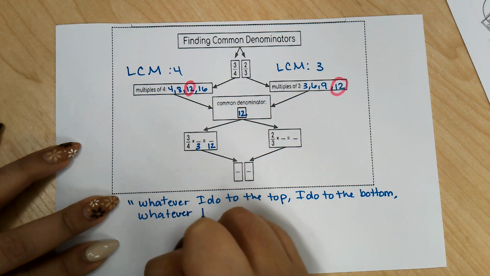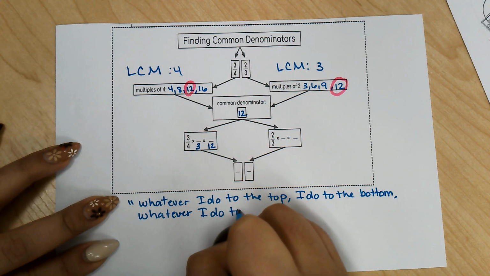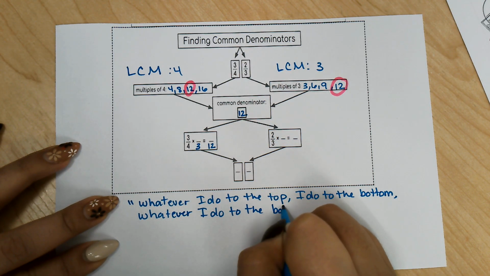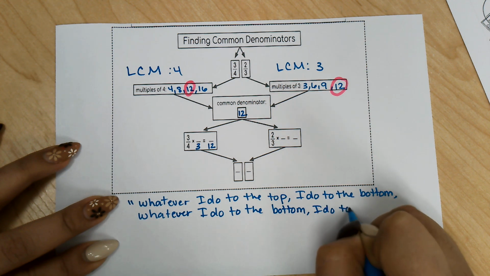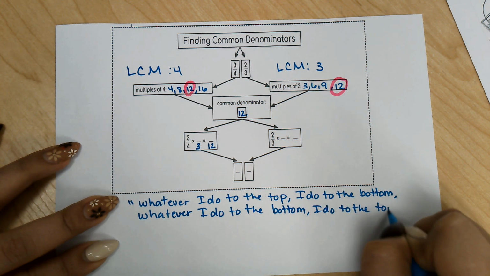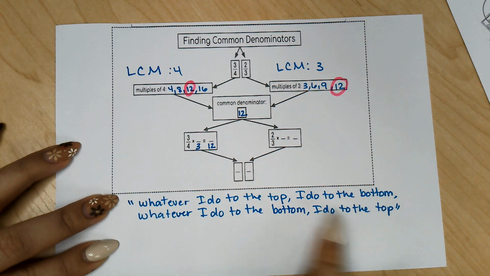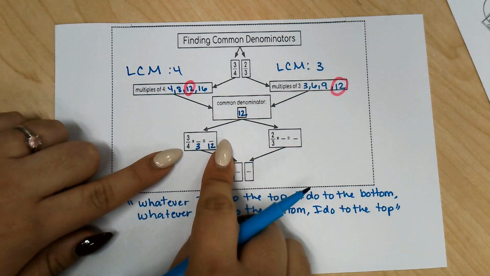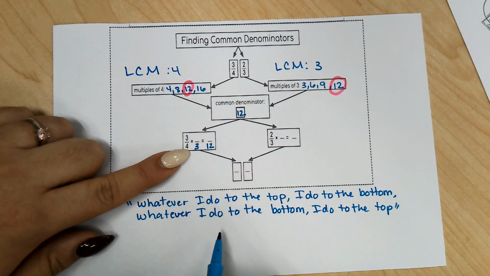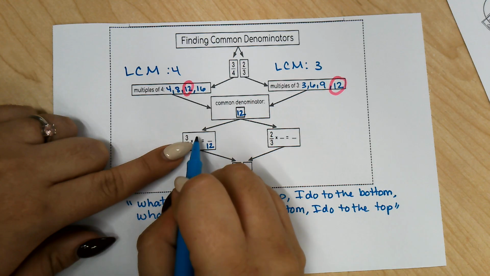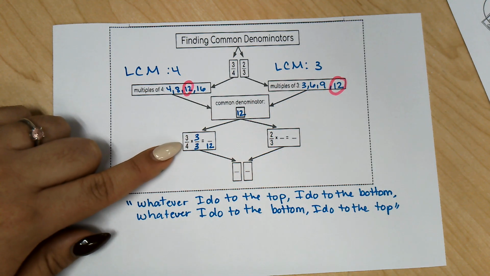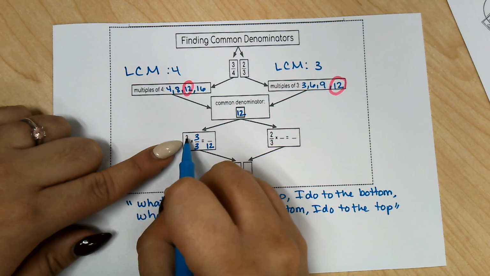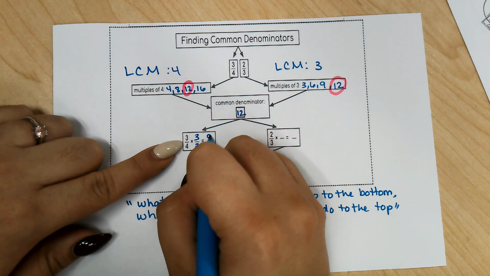Whatever I do to the bottom, I do to the top. So here, whatever I do to the bottom, I'm going to do to the top. If I'm multiplying by 3 in the bottom, I have to multiply by 3 on the top as well. So 3 times 3 is going to equal 9.